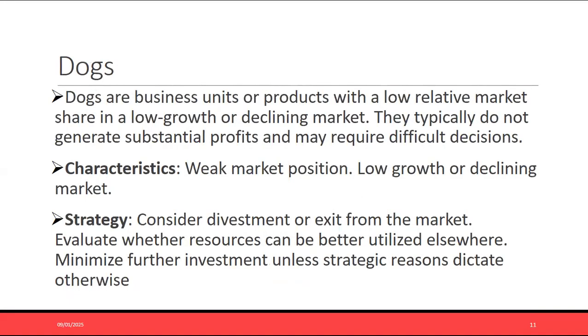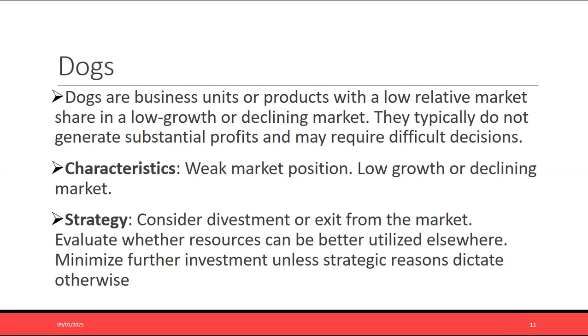Okay. Then we have the dogs, right? The dogs are business units or products with a low relative market share in a low growth or declining market. All right. So the dogs have low market share and a low growth rate.